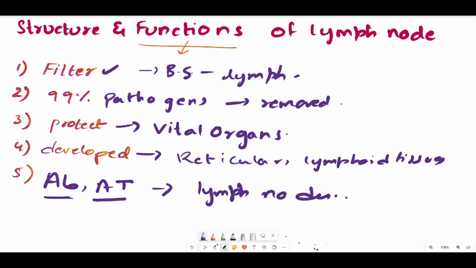So the points to be included in the functions are: they are useful for filtering the lymph before it gets returned into the bloodstream. 99% of pathogens will be removed from the body, and these will be useful for protecting the vital organs. They are mainly developed from the reticular and lymphoid tissues.